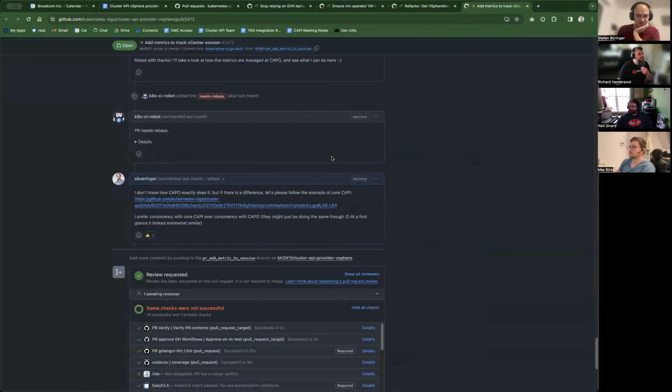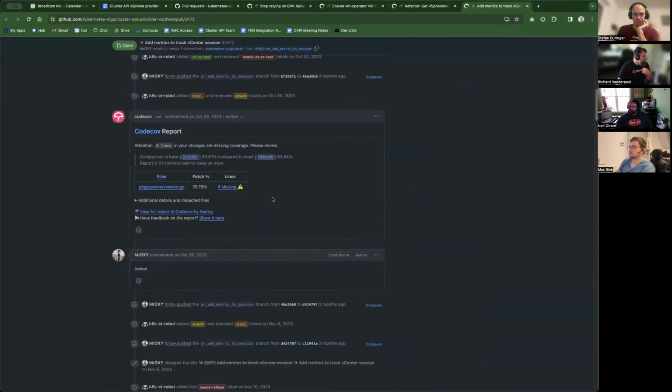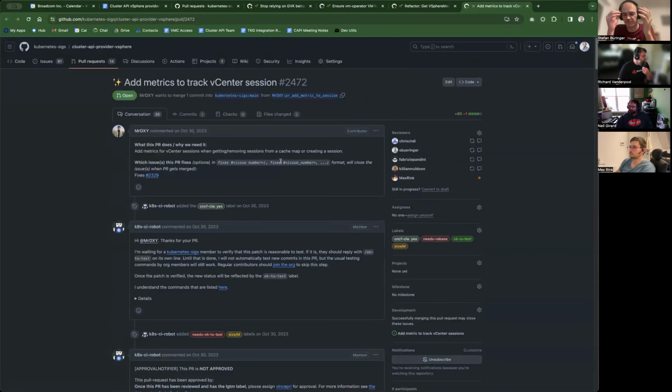So that's an interesting one, just checking the current state. Okay. So essentially in CAPV, only for this govmomi mode where you talk directly to vCenter, we have a session cache for vCenter sessions. And we had some problems in the past, essentially some session leaks. As far as I know, all that we were aware of are fixed now.